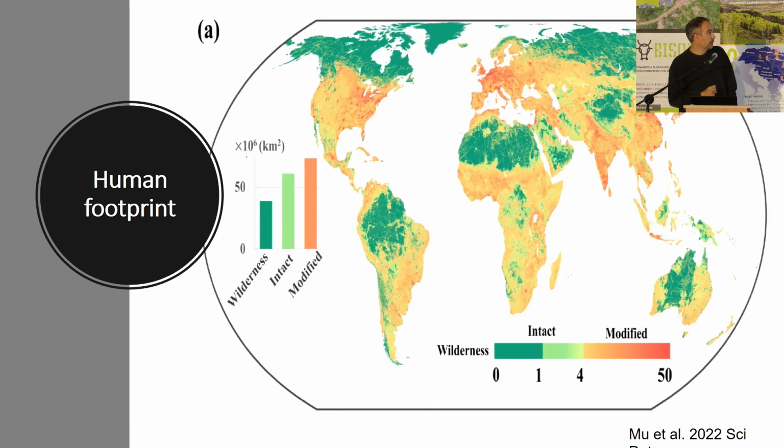This human footprint is, as expected, concentrated in the most developed areas like Southeast Asia, Central Europe, and the United States, especially on the East Coast, but also on the West Coast in California.